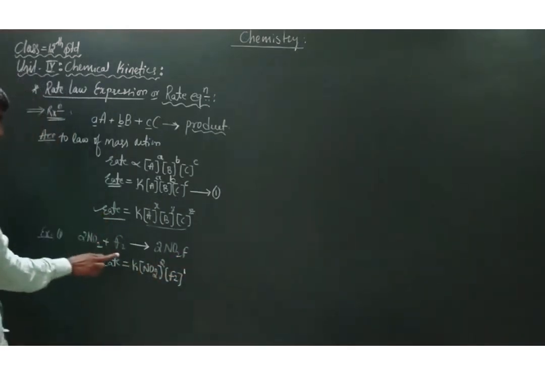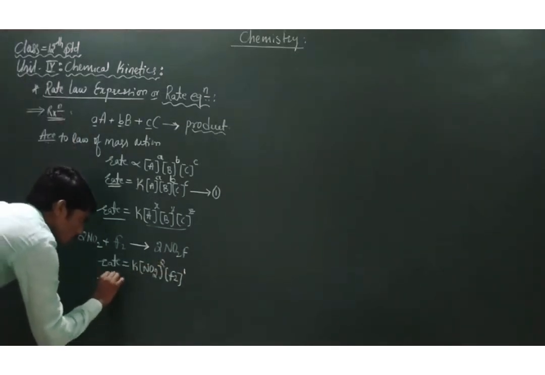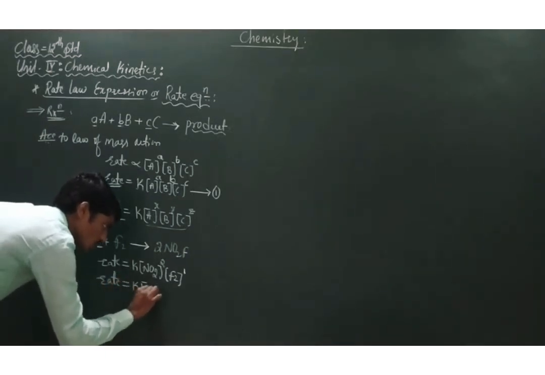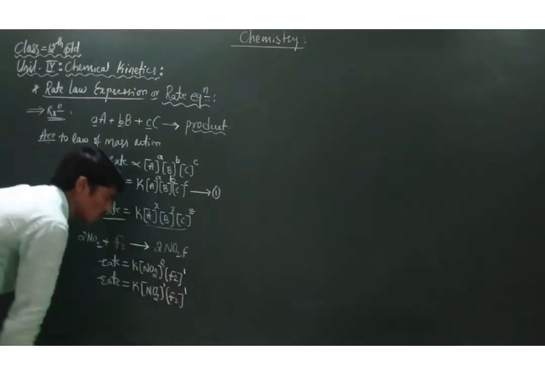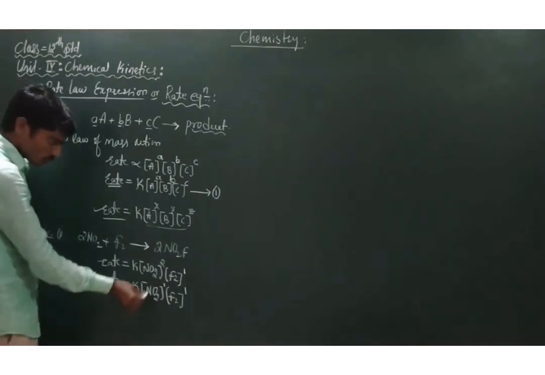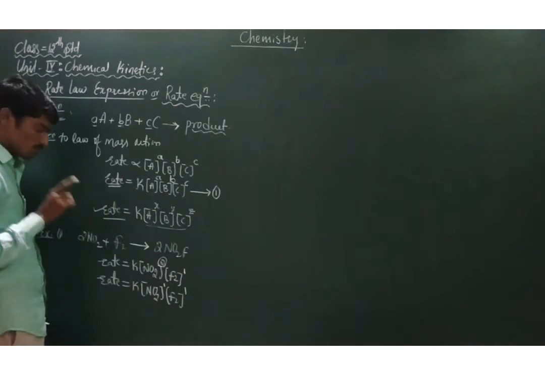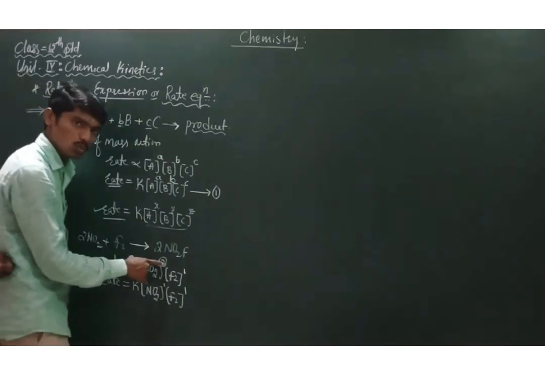But experimentally it is found that rate is equal to K into concentration of NO2 to the power 1 and concentration of F2 to the power 1. Look at this. According to the law of mass action, simply by looking at the balanced equation, we write it as 2.